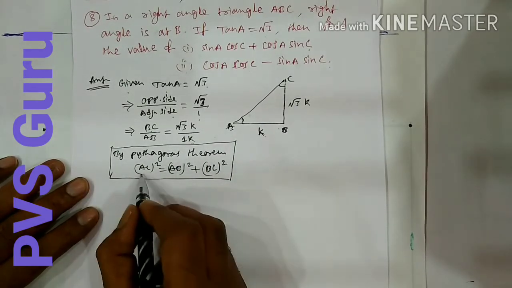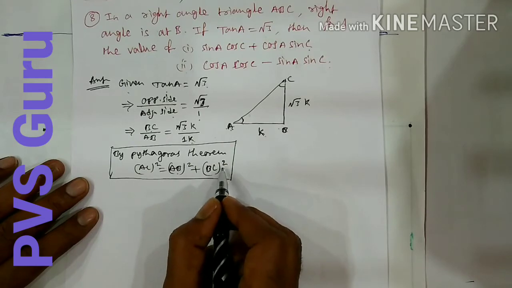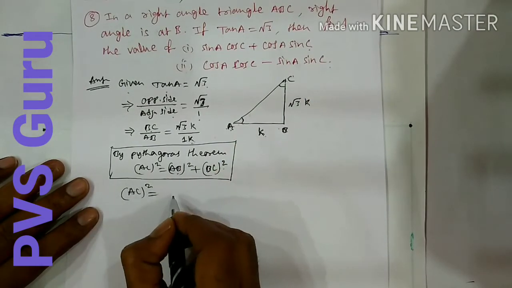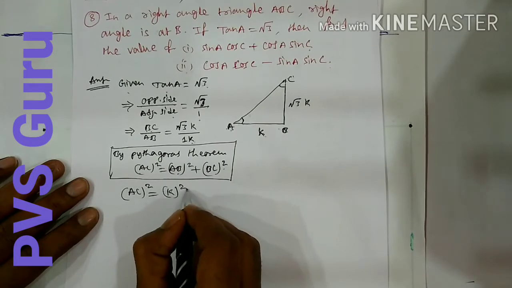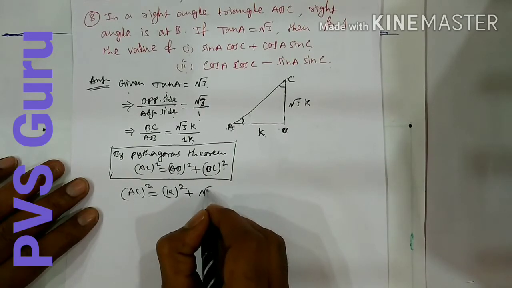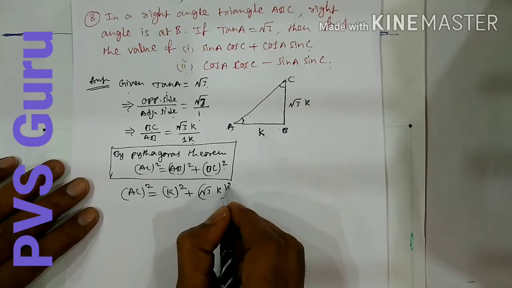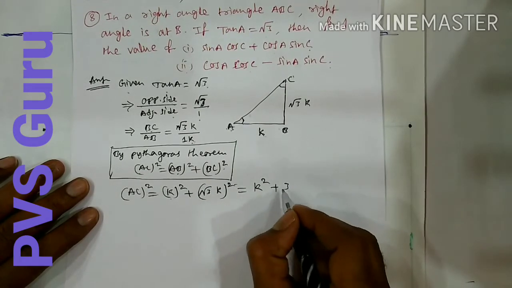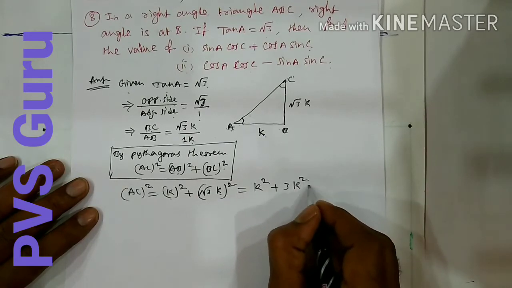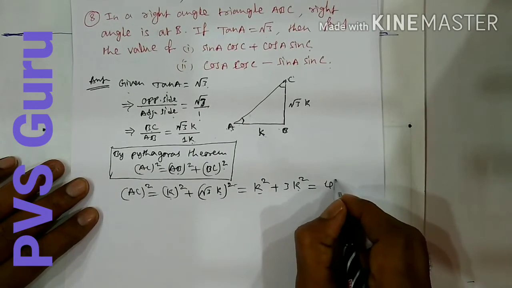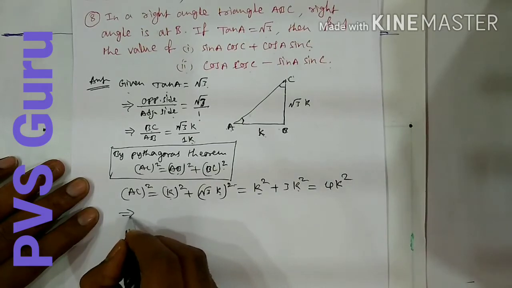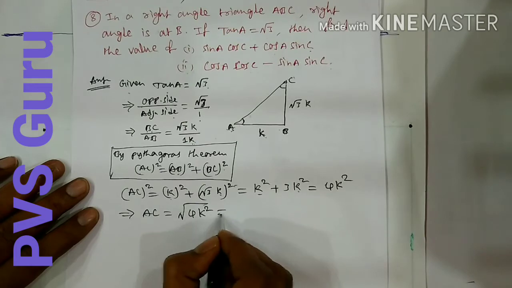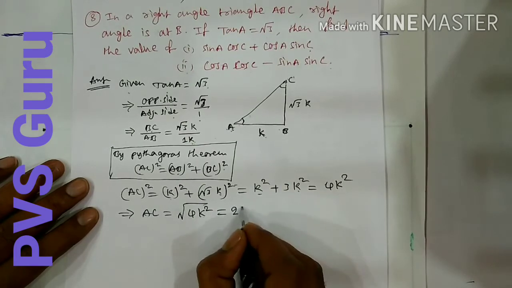By Pythagoras theorem, AC square is equal to AB square plus BC square. AB square is k square plus BC square is root 3k whole square, which is k square plus 3k square, that is 4k square. Here AC is under root of 4k square, root 4 is 2, root of k square is k.